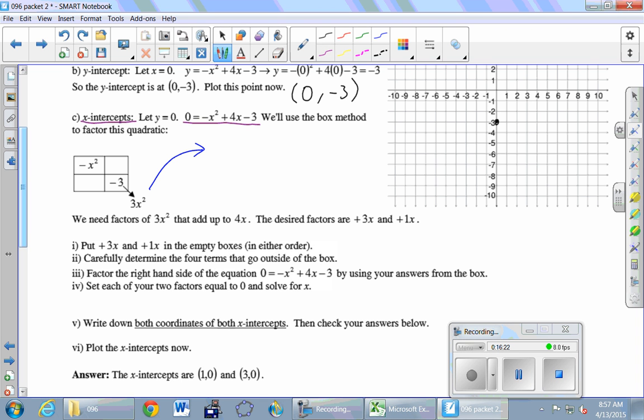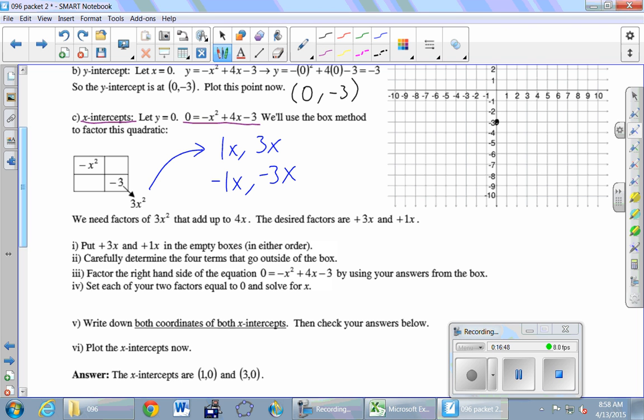What are they? 1x and 3x. What's the other? I mean, you could put fractional stuff, but we're going to put integers only. Marcy, -1 and everybody buy it? Those are the only two ways that we can multiply and get positive 3x².